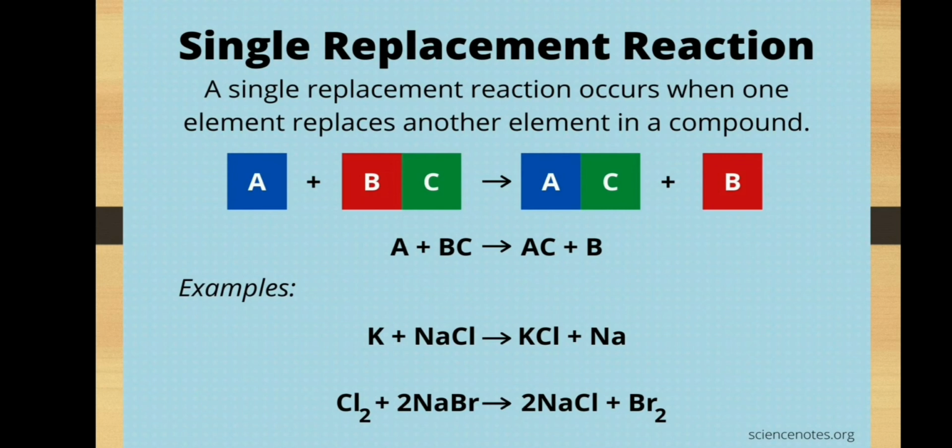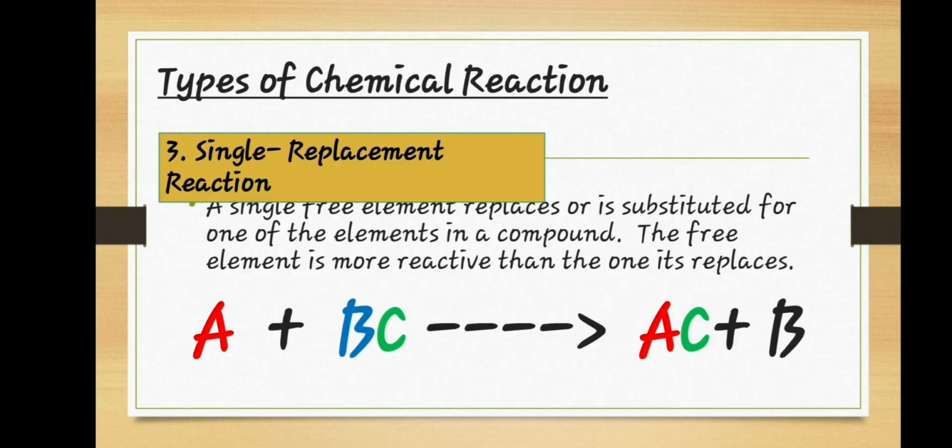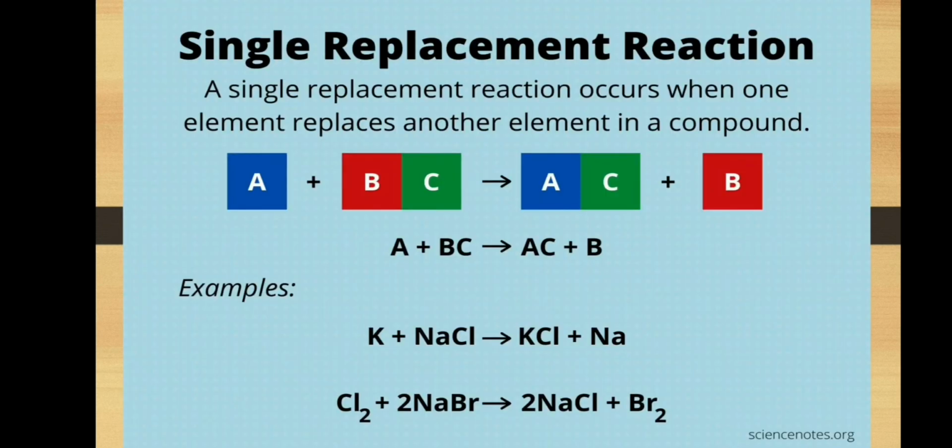Kasi bakit? Yun na nga, pag sabing single replace, you have to replace the what? The more reactive one. So the free element is more reactive than the one it replaces. So meaning to say, yung nare-replace pala ay hindi yung mas reactive. So just follow how it goes in the single replacement reaction from A plus BC.